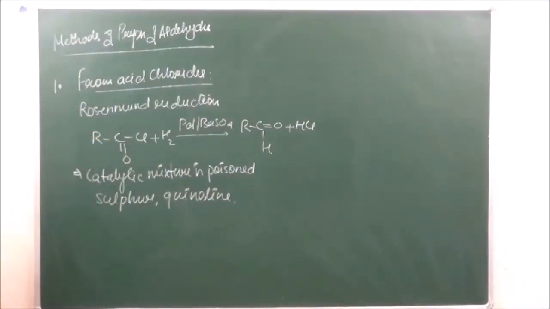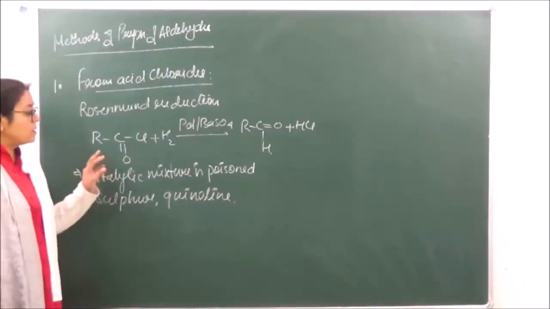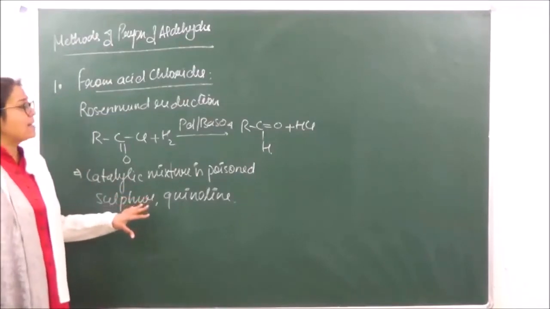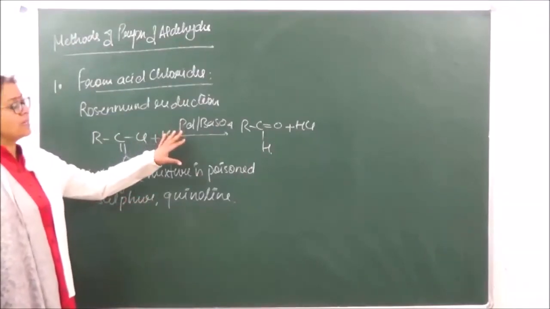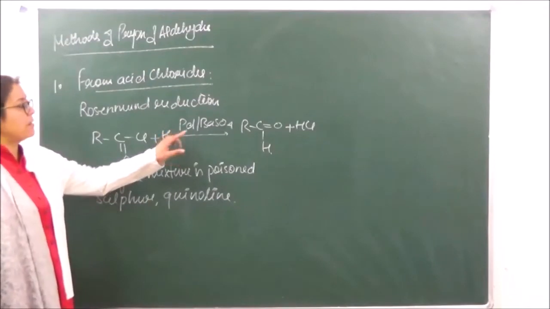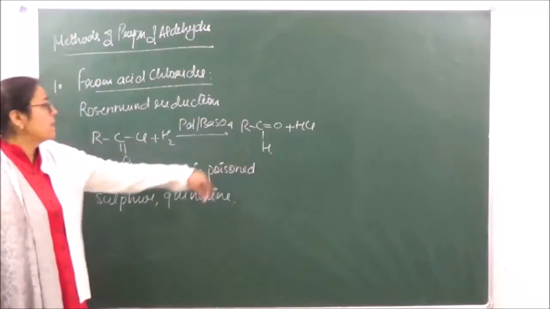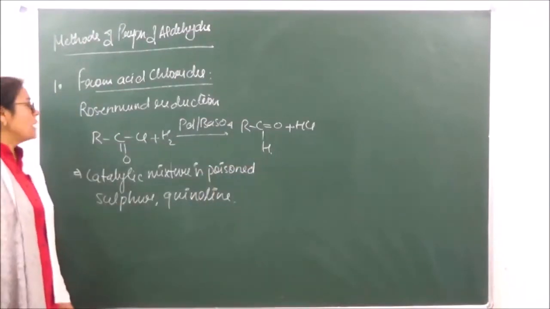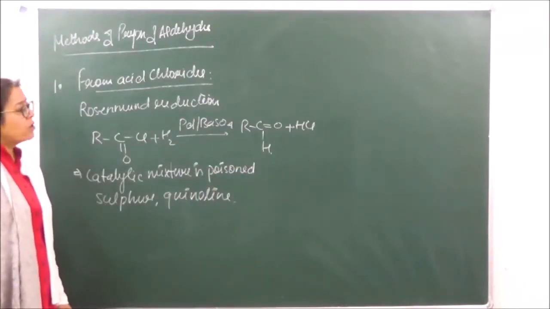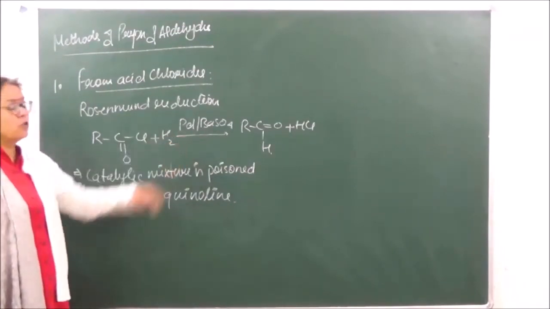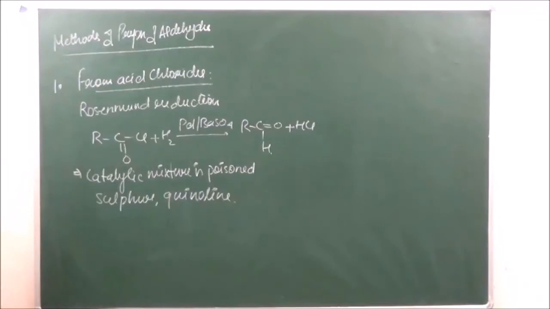Now why do we have to poison it? The reason behind poisoning the catalyst is that if you are using palladium and barium sulfate, the aldehyde which is formed over here has a tendency to get further reduced to alcohol. Now in order to prevent its further reduction to alcohol, we need to poison the catalyst which is present over here.